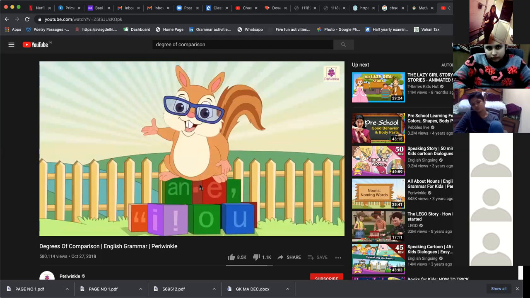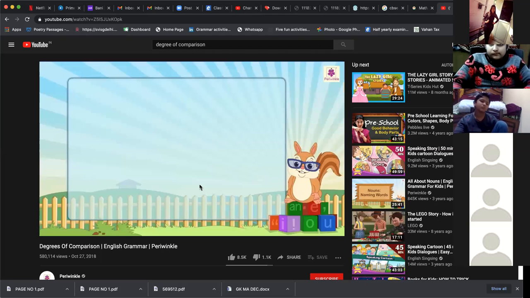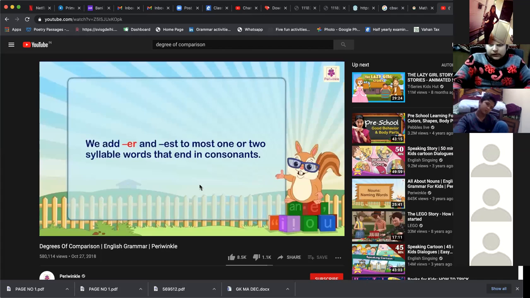In order to form comparative and superlative degrees of adjectives, remember the following rules. We add ER and EST to most one or two syllable words that end in consonants.